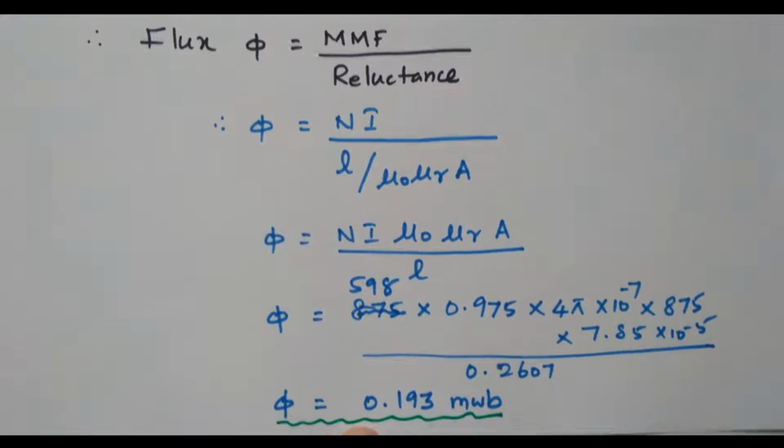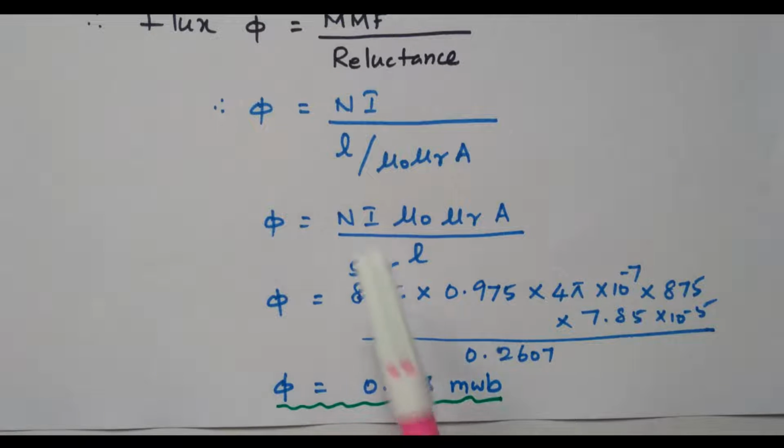Now we'll substitute the values one by one. N is 598 turns, the current is 0.975 amperes, mu naught is 4 pi into 10 to the power minus 7, mu r is 875, the area we calculated is 7.85 into 10 to the power minus 5, divided by the length of the core, 0.267.